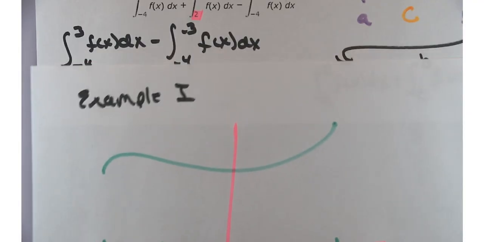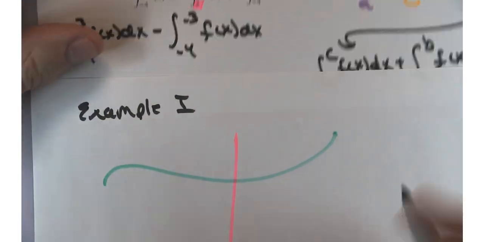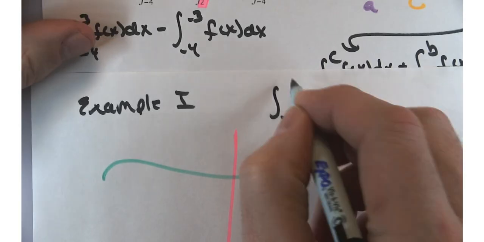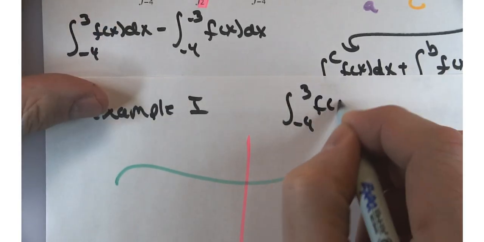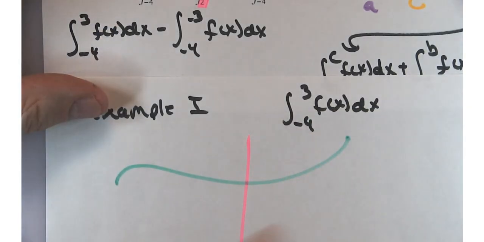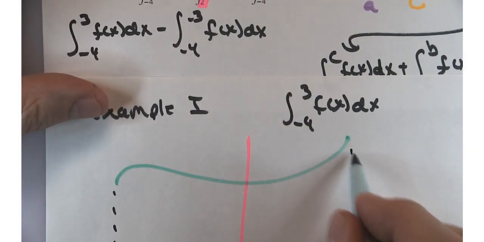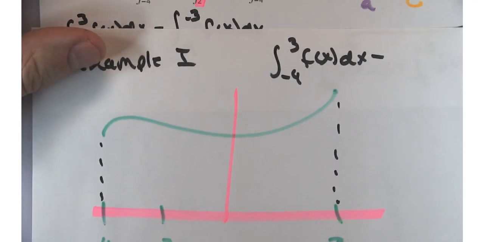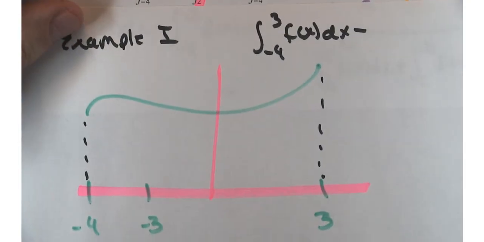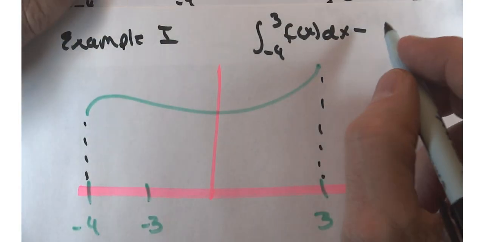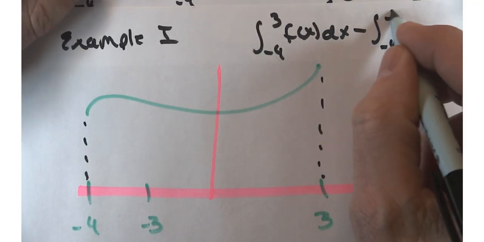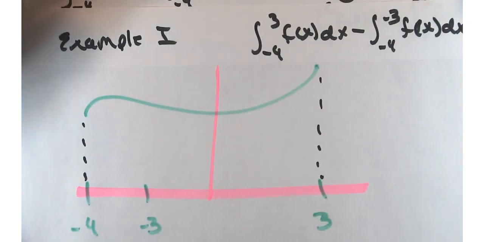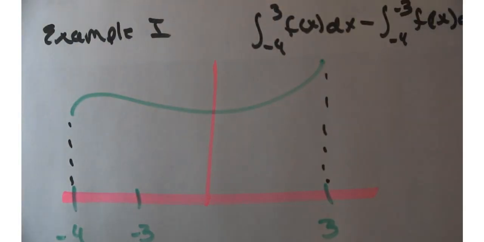So in this first part, we've got the integral from negative 4 to 3 of f of x dx. That's this entire area, right? But then I'm going to subtract off a piece. And that piece is the integral from negative 4 to negative 3 of f of x dx. And let me zoom out a little bit.